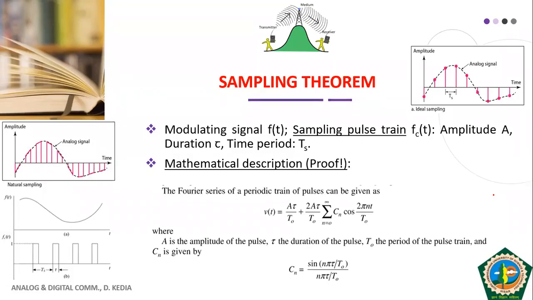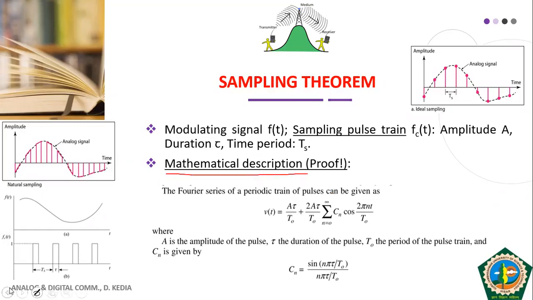If you look at this slide, you must have noticed that we already studied the same thing in pulse amplitude modulation. We also talked about natural sampling and flat top sampling. In pulse amplitude modulation, we introduced discreteness in the time domain, and there also we talked about sampling.